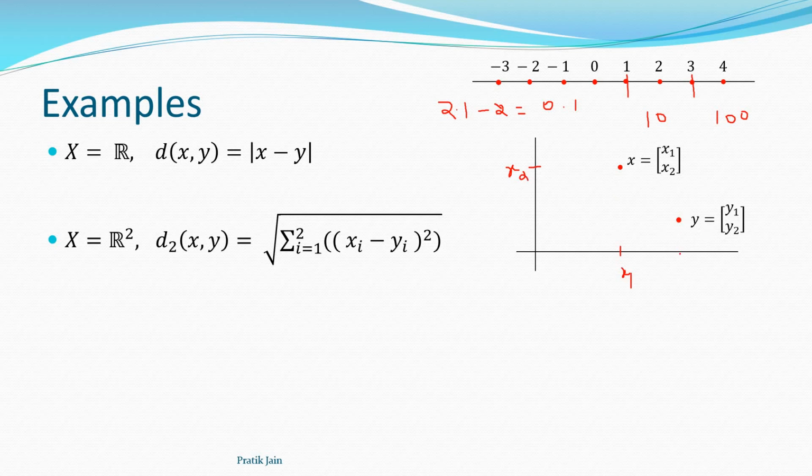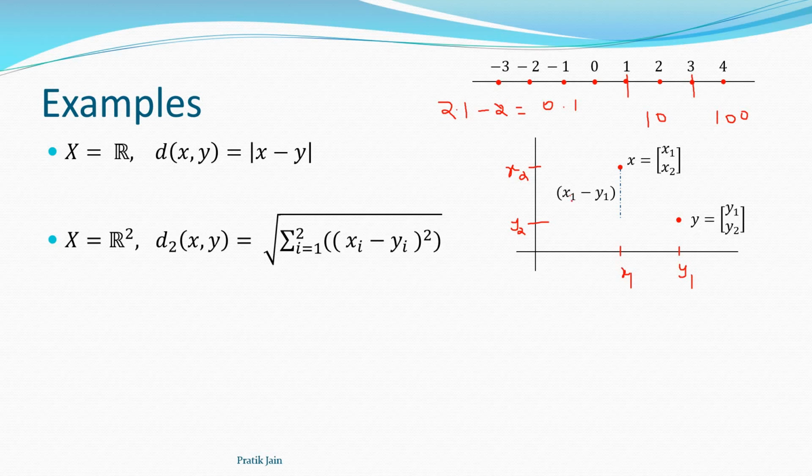And over here this is y1 and this is y2, right? What the Euclidean distance says is, do x1 minus y1 and square that, and then do x2 minus y2 and square that, right? So basically it is like this.